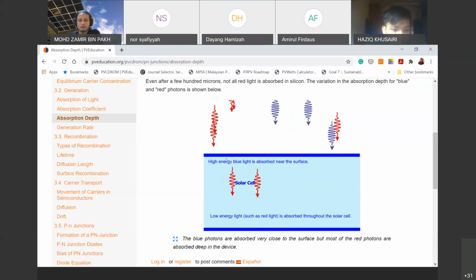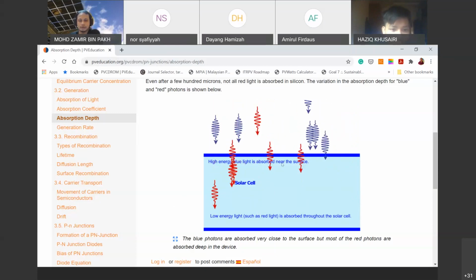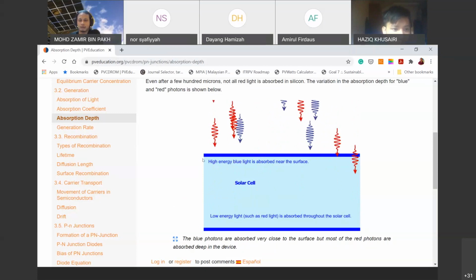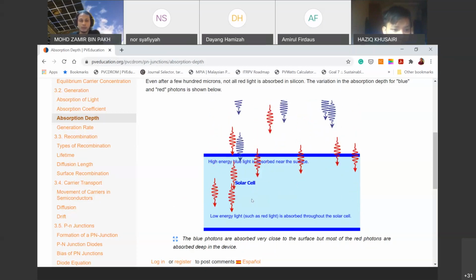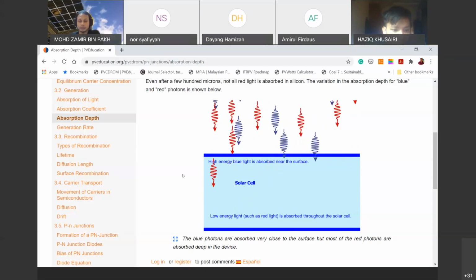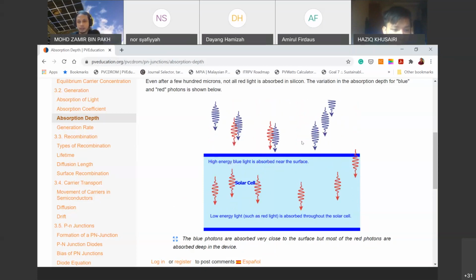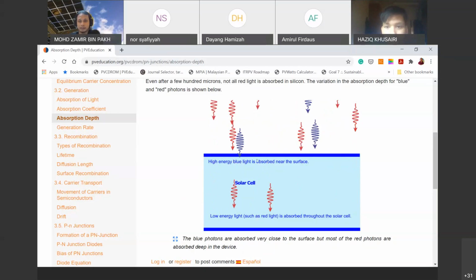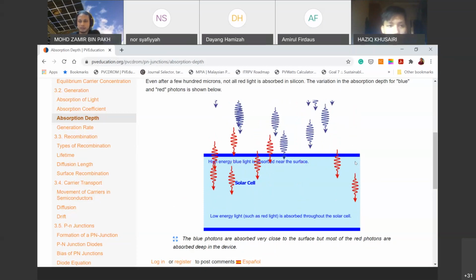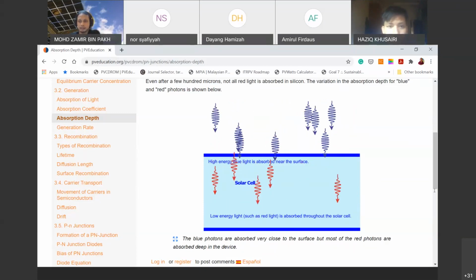High energy blue photons are absorbed near the surface, in the first few microns of the semiconductor material. If you look at this, it's more on the solar cell, but it's the very same principle. The blue photons disappear upon incidence at the surface due to their absorption at the surface.